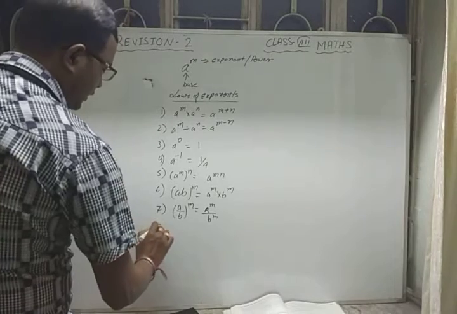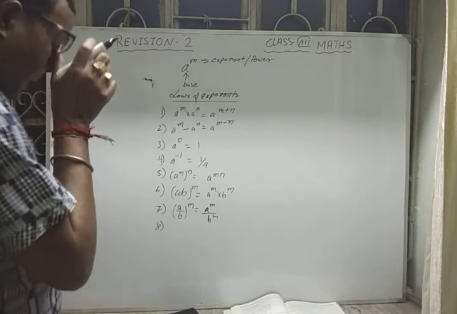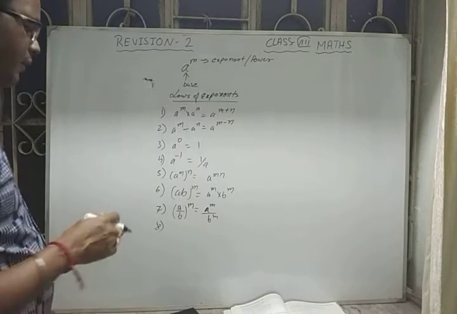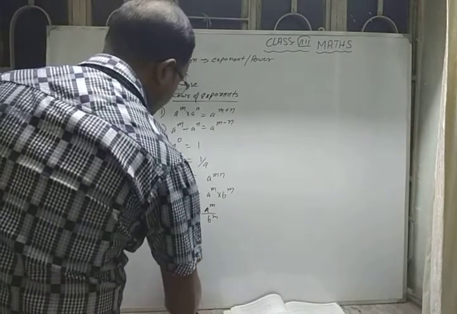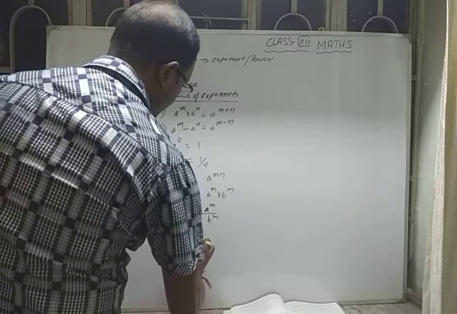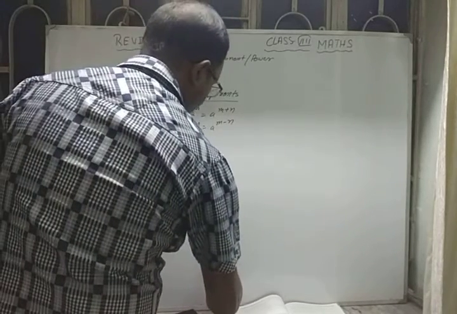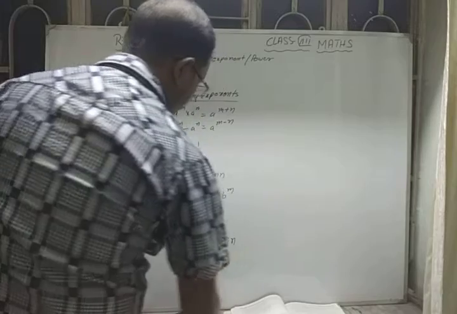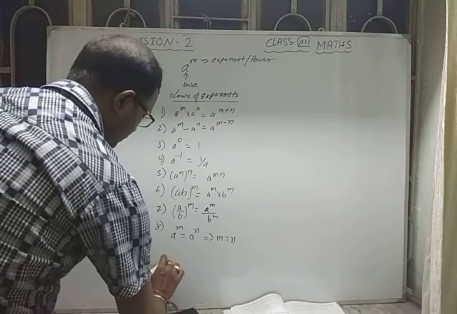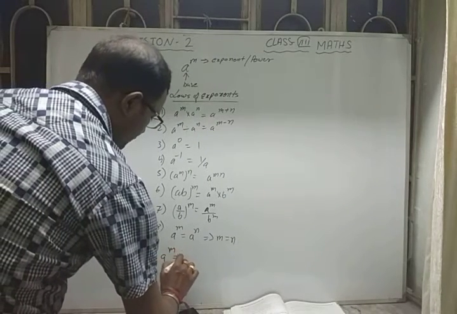And the last law is that when bases are equal, powers are also equal. So a to the power m is equal to a to the power n. Since the bases are the same, this implies the powers must be the same. Similarly, a to the power m is equal to b to the power m.